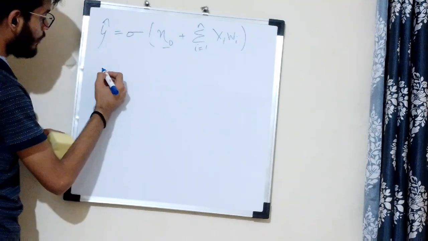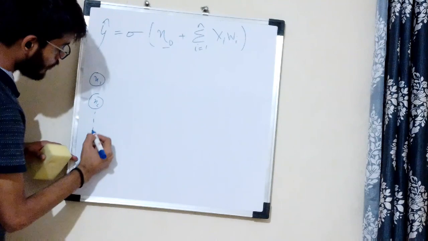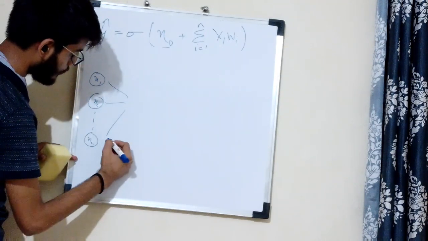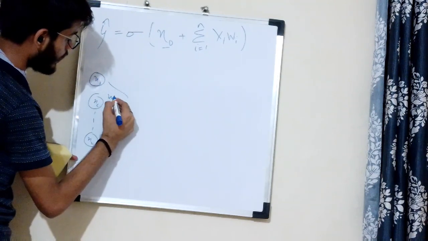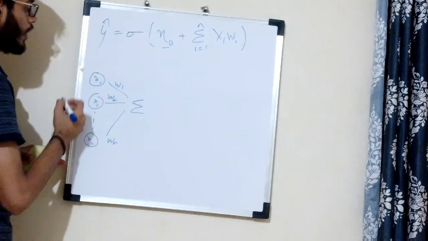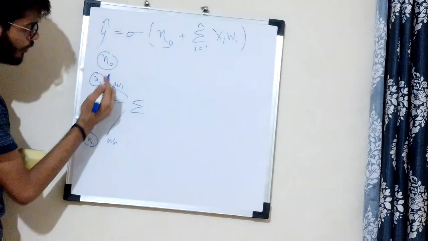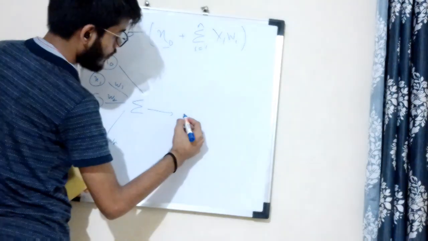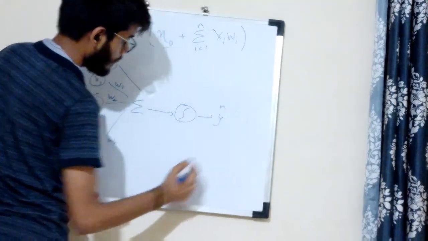Once again I'm drawing the diagram: x1, x2, up to xn. We multiply these with weights w1, w2, pass them to a summation, add this x0, which is a scalar, then pass it to the activation function, and we get y hat.